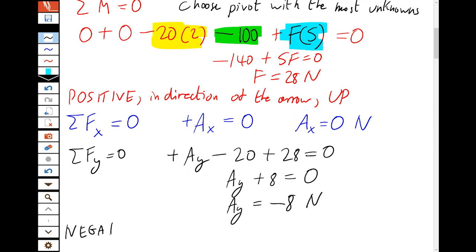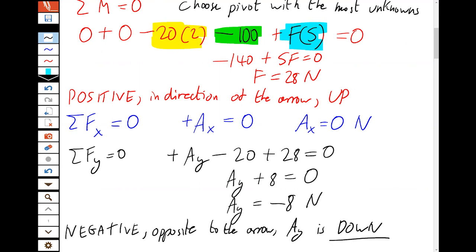That's negative, so it's opposite to the arrow. AY is down. Doesn't mean anything's wrong. You didn't make a mistake with the arrow of AY at the start. It's just an axis like any other. Plus is in the direction of the arrow, and minus is the direction opposite to the arrow.